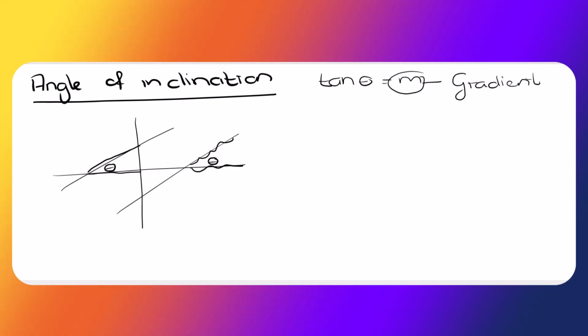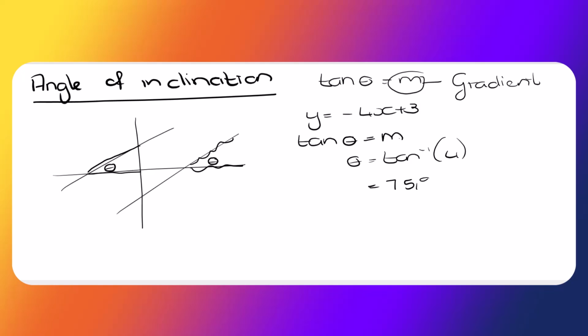When you're busy with your gradient, let's assume your equation is y equals negative 4x plus 3. So tan theta is equal to m. An angle cannot be negative, please. So theta is equal to the inverse tan of 4. That gives me an answer of 75,96.